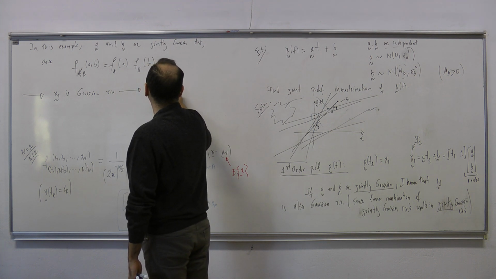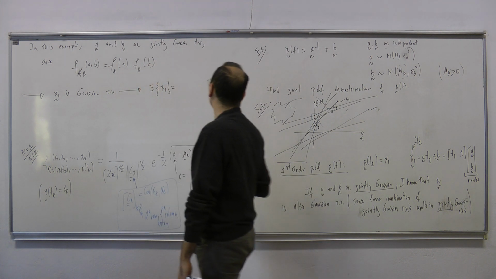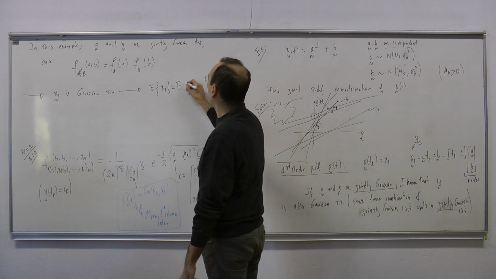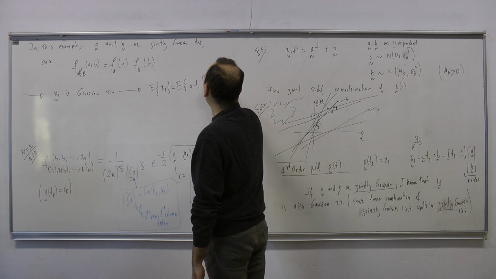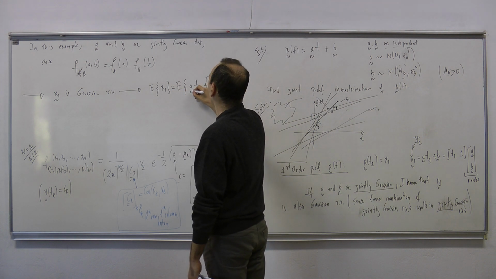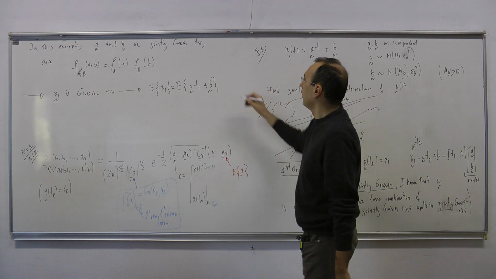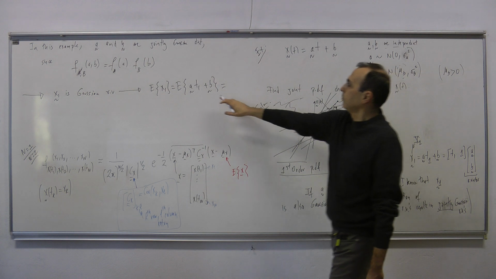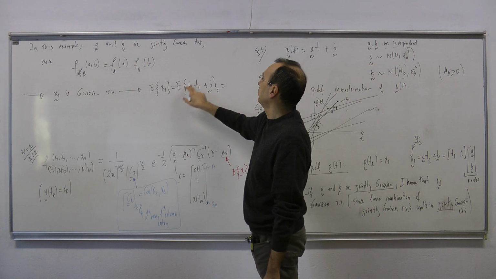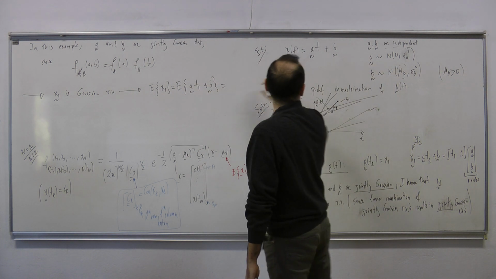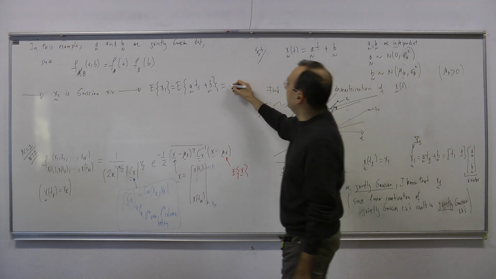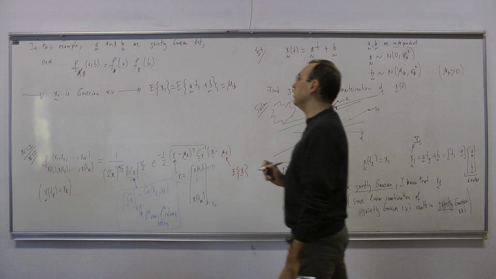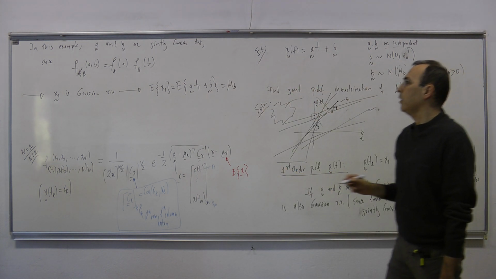Then expected value of x1 is expected value of A t1 plus B. These are the random quantities. Well, expected value of A is equal to 0. So move t1 out, this is equal to 0. Expected value of B is mu of B. Okay, this is nice.